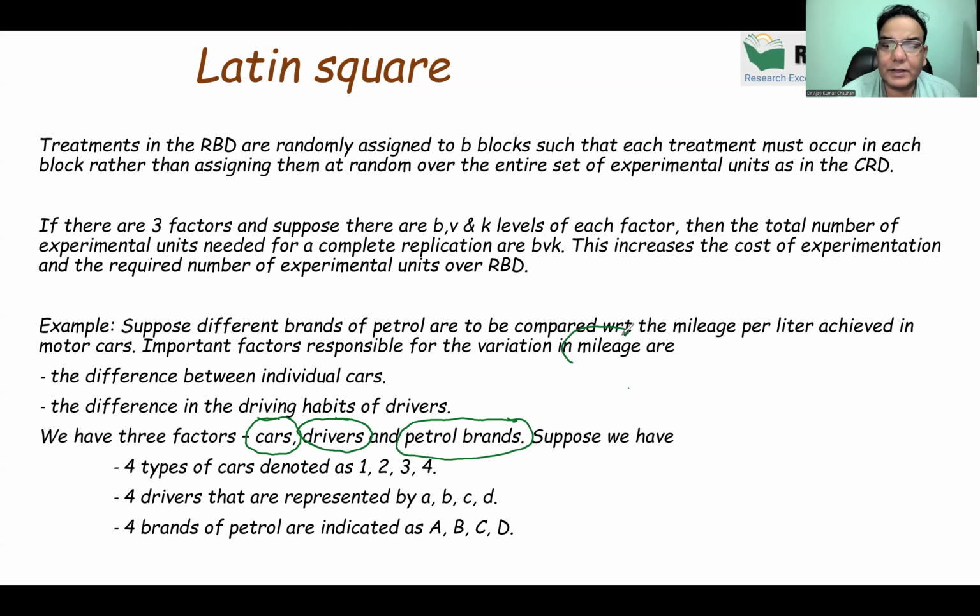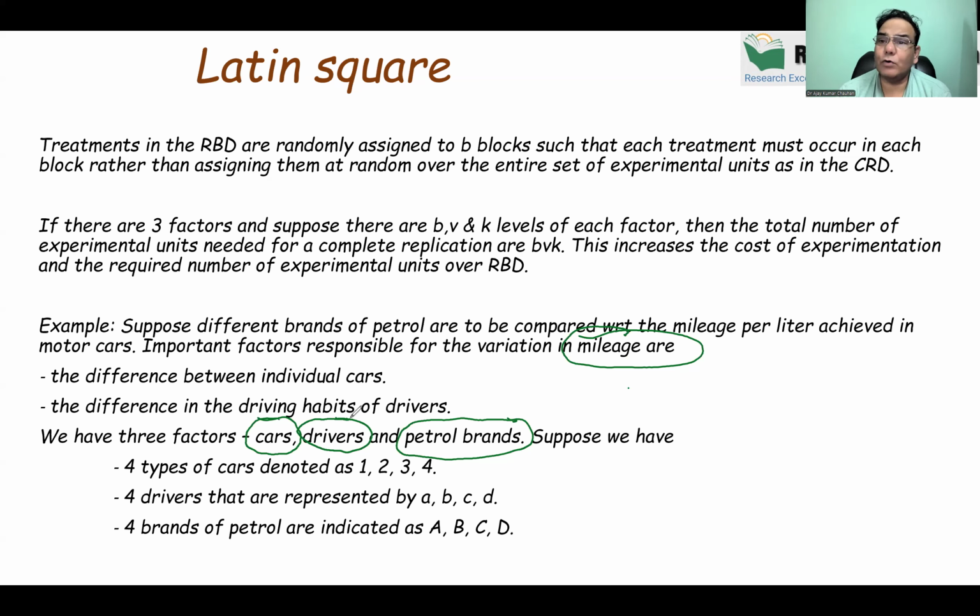So mileage rate is the dependent variable and it depends upon type of car, type of driver and type of petrol brand. तीन चीजों पे आपका डिपेंडेंट वेरिएबल डिपेंड करता है. So sometimes the outcome variable depends upon three factors.